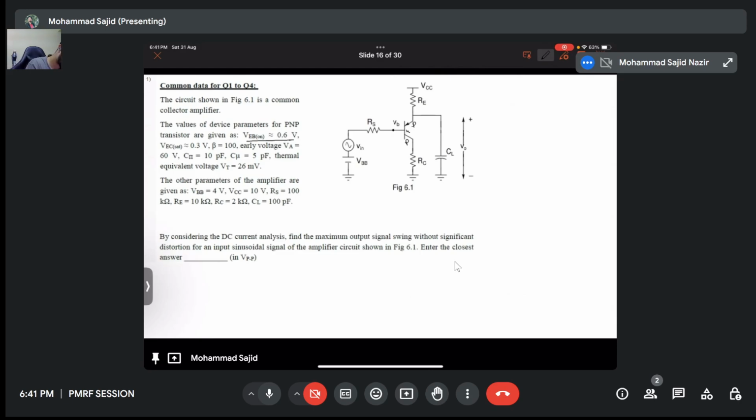VBB, and VEC SAT is 0.3. Beta is 100. Early voltage is 60. C pi and C mu, these are the parasitic capacitances, are 10 pico and 5 pico.